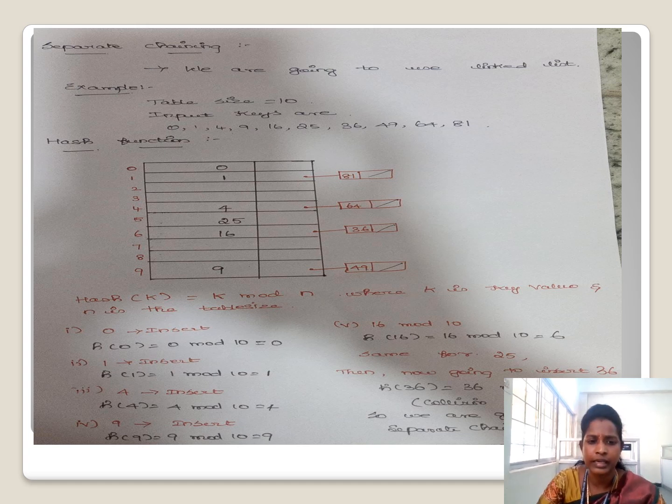Similarly, when we store 49, the 9th index already has data, so we cannot store it in the 9th index itself. We go for the linked list option, the separate chaining method, create another linked list, and store 49 in it. Similarly, we perform the same operation for 64 and 81. This is the separate chaining method.